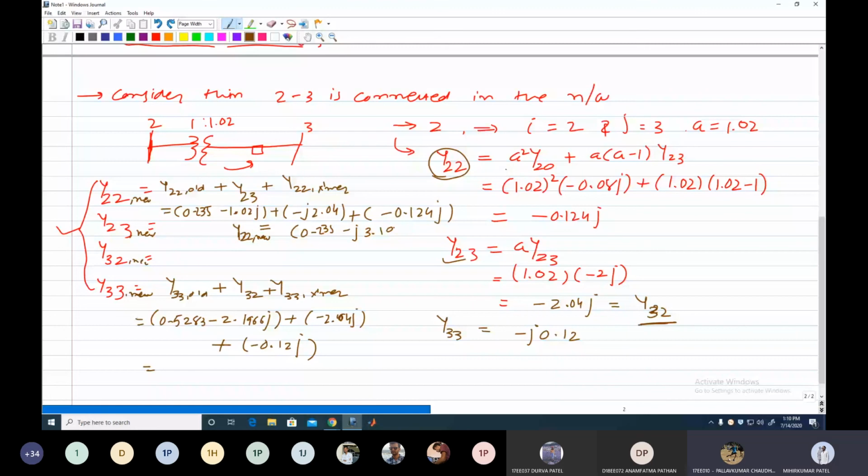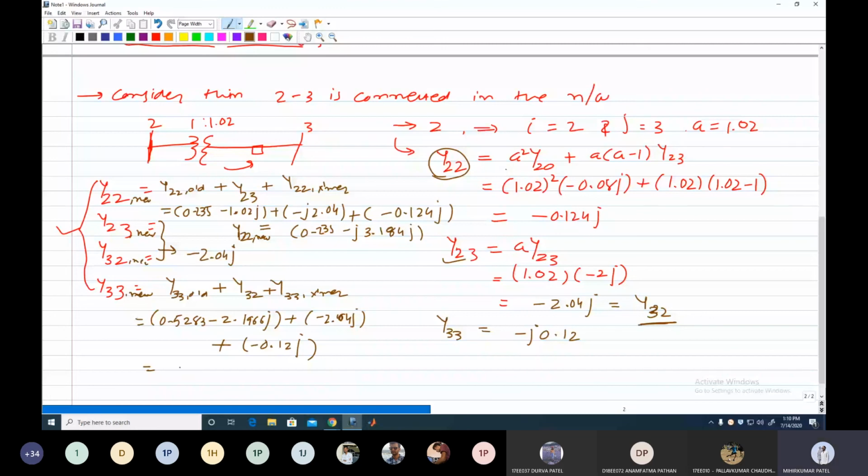Then what is the value of y23 new or 32 new? It is already derived, minus 2.04 j. Clear? And the final answer for y33 new.